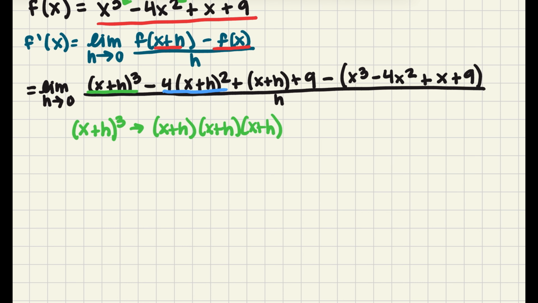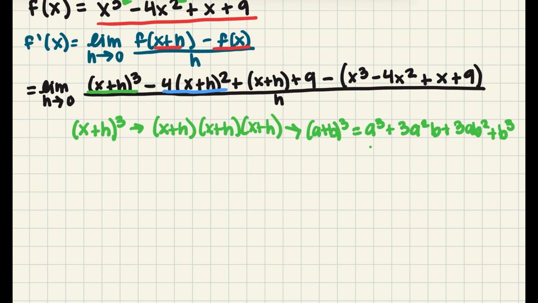And if we apply the perfect cube formula, which again is a plus b cubed equals a cubed plus 3a squared b plus 3ab squared plus b cubed.